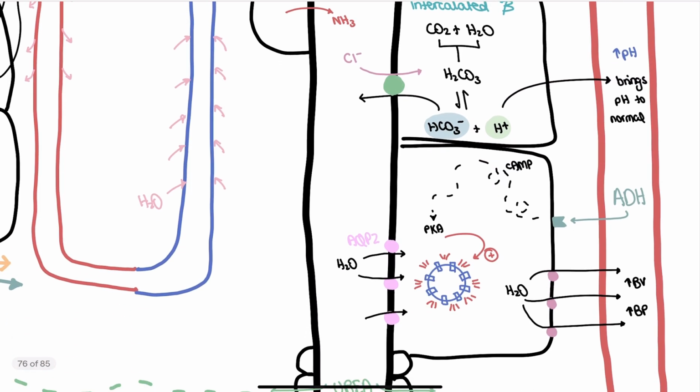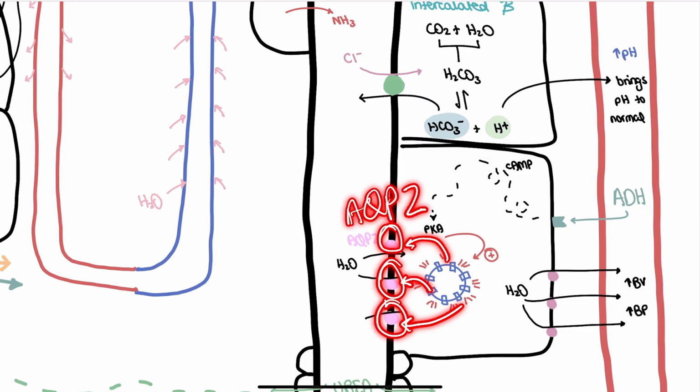Another thing that happens is ADH can react on these receptors on the principal cells, which go through the whole cascade, and they can have effects on these specific vesicles. These vesicles can act on the apical surface of the collecting duct, and that can create spaces for more aquaporin 2 channels.